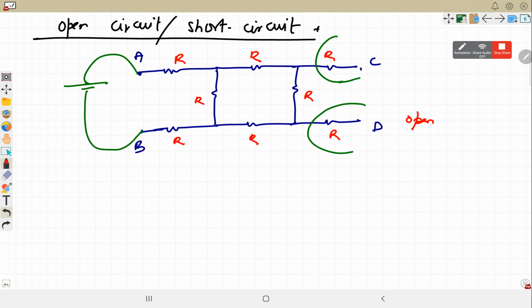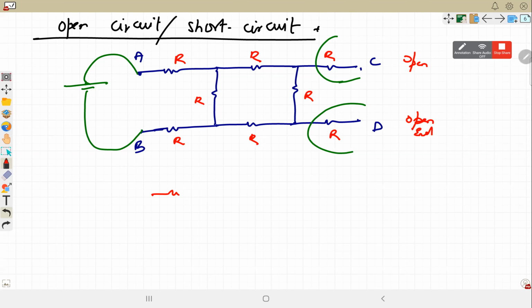These are the open ends और open end में कोई current नहीं जाएगी. Right, so this is open circuit.